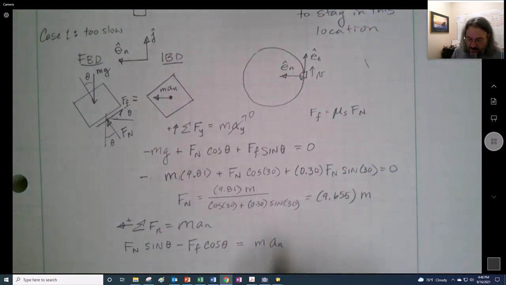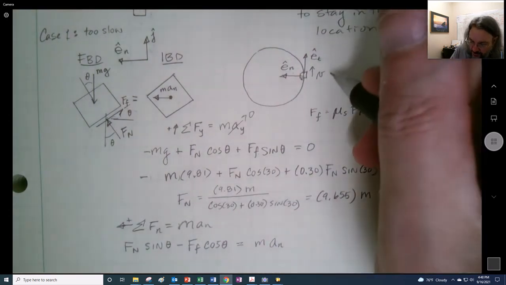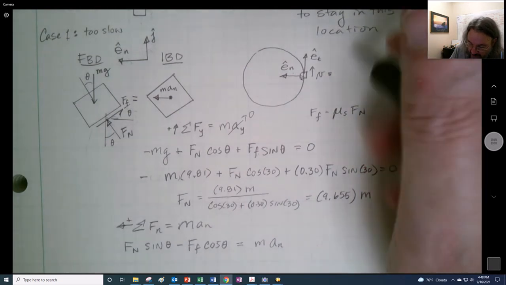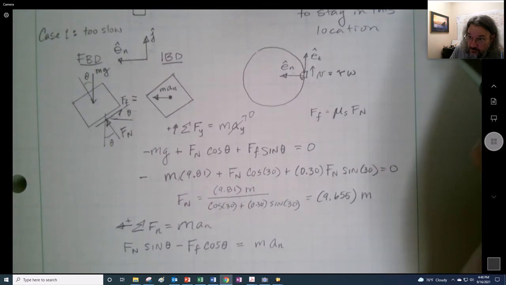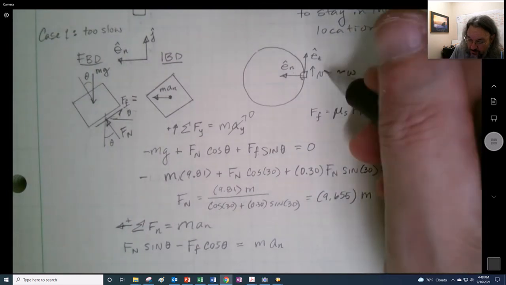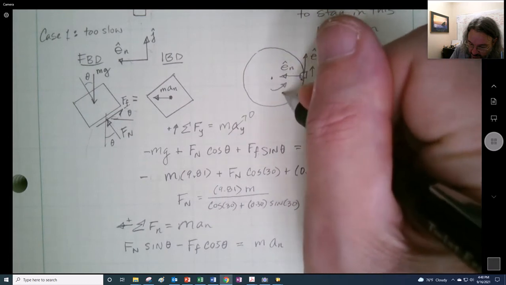right here. Now, that acceleration, this might be a little confusing right here, I think we're okay. This velocity that we have right here is going to be equal to r times omega. Here's the radius to the thing, and omega is coming this way right here.